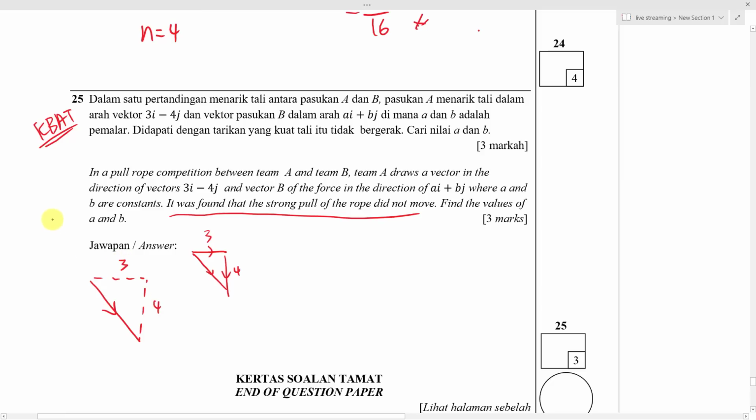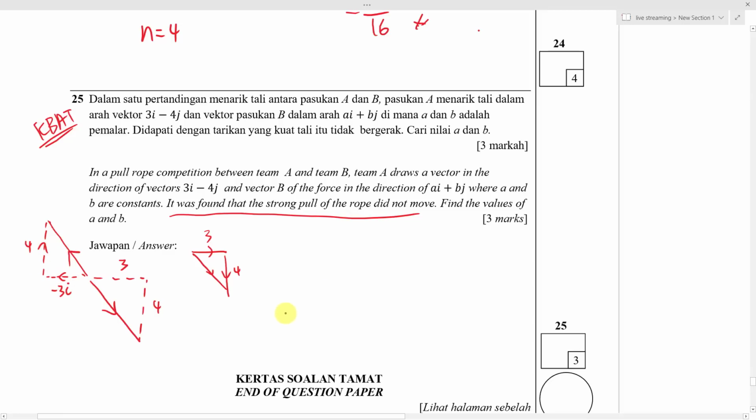So another person must be in the opposite direction, isn't it? Can it be here? If here, I will need to pull in this direction, and I want to make sure it's the same angle. So over here, this is my vector. Moving this direction is negative 3i, and going up 4 units is 4j.